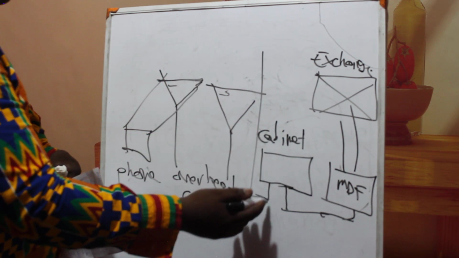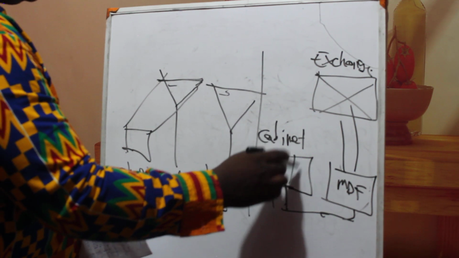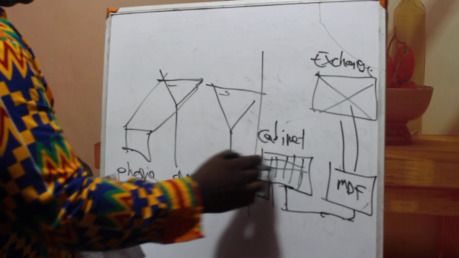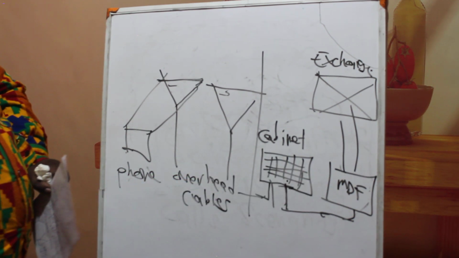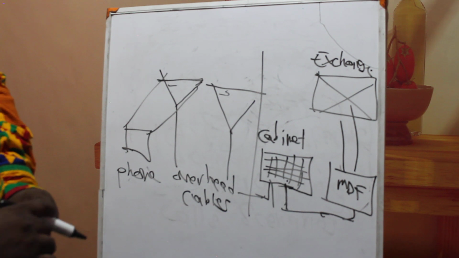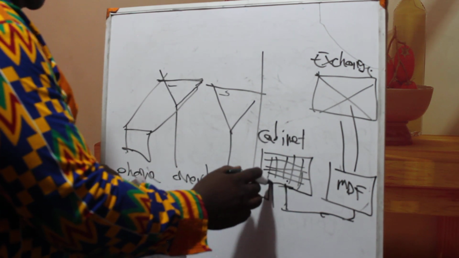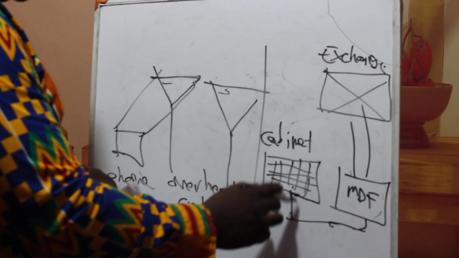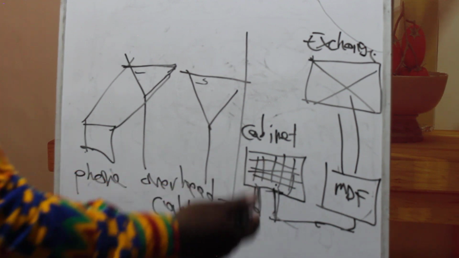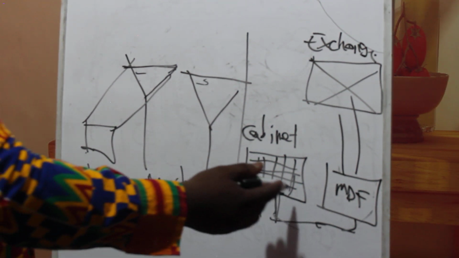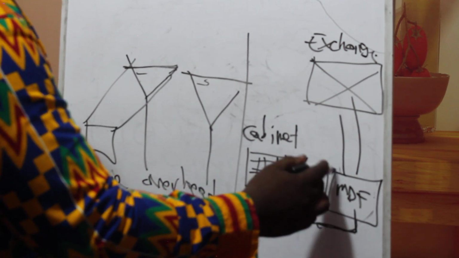Then from there, all the cables are terminated in the cabinet. The cabinets are like a box sitting outside in the environment. When you see a cabinet, most of the surrounding neighbors, all their cables terminate on this cabinet. Then from the cabinet, those cables run onto what is called the MDF.